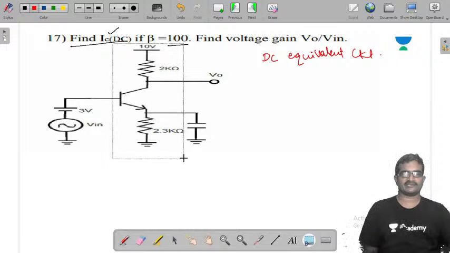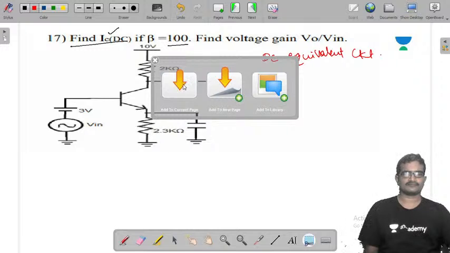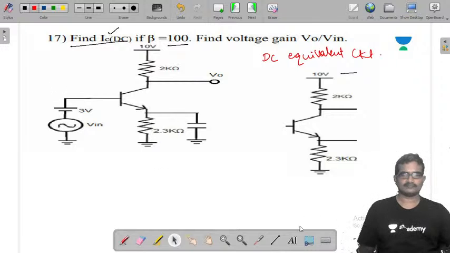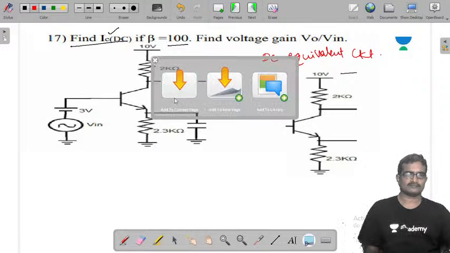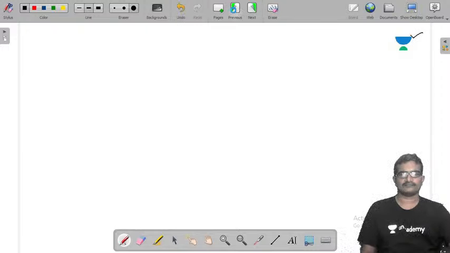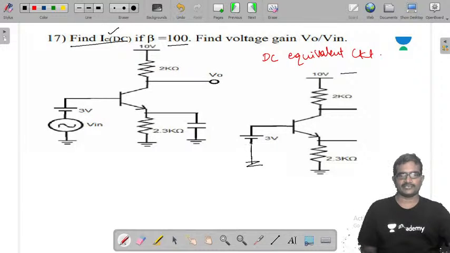Simple. No need of that capacitor. Capacitor is open circuited for DC.